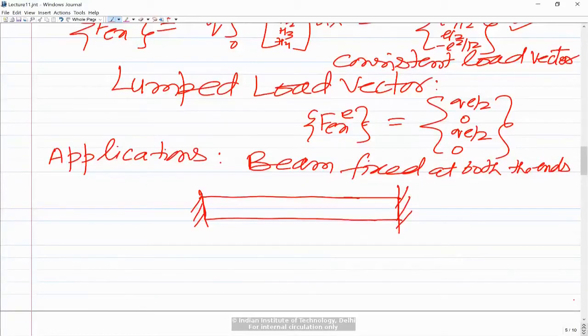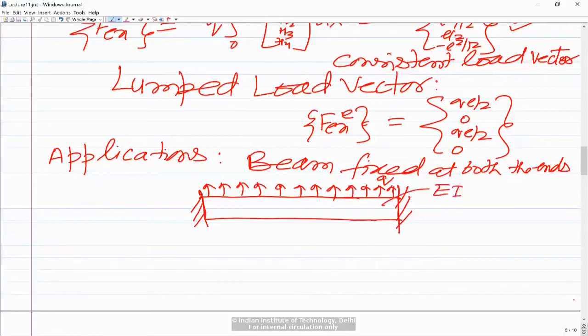As far as the load is concerned, there is a distributed load, although there can be no distributed load, only a concentrated load may be there. All those possibilities are there. So this is the distributed load q, and its flexural rigidity, that is EI, a product of Young's modulus and second moment of area. EI, we call it flexural rigidity.